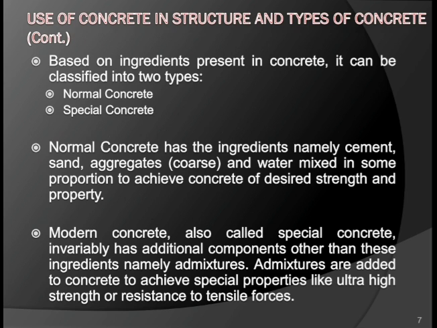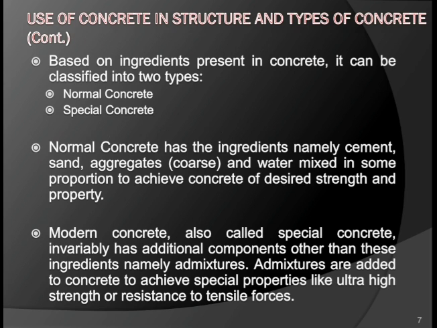There are categories in different ways. So, the first classification is based on ingredients present in concrete. Two types: normal concrete, special concrete. Again, it is very simple. Normal concrete has the ingredients, namely cement, sand, aggregate, and water, mixed in some proportion to achieve concrete of desired strength and property.